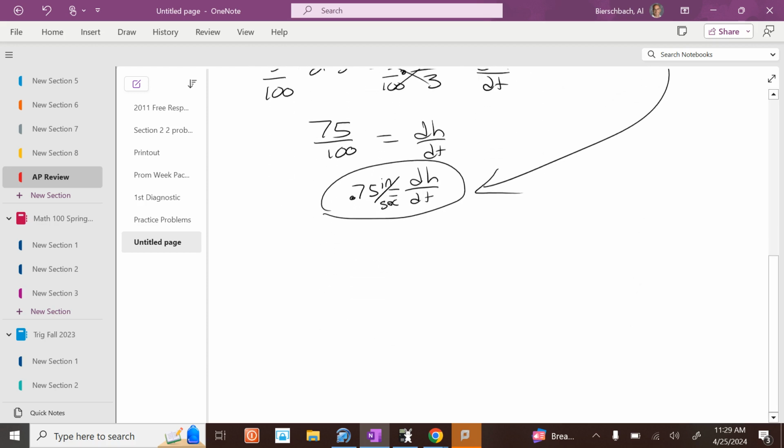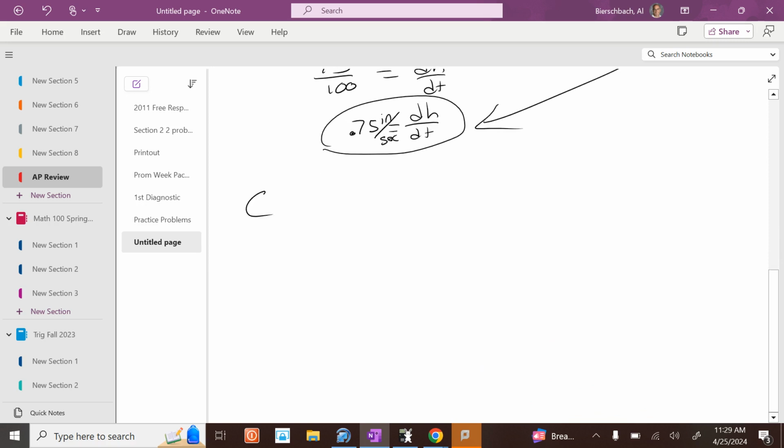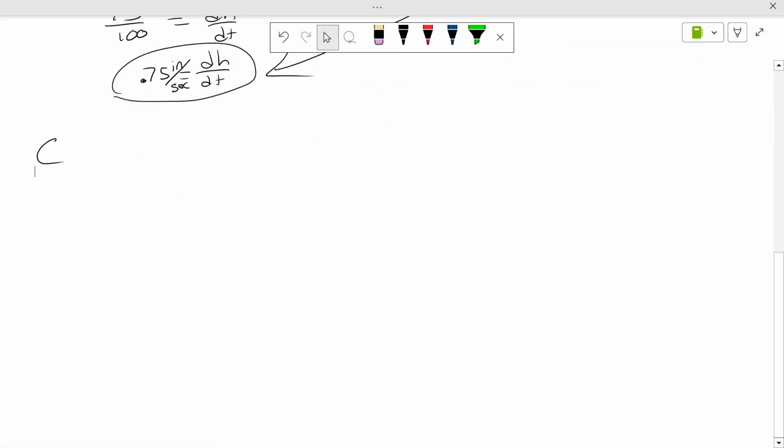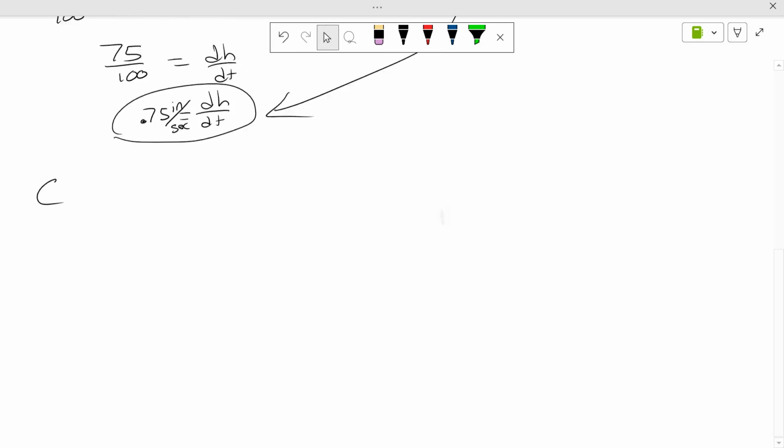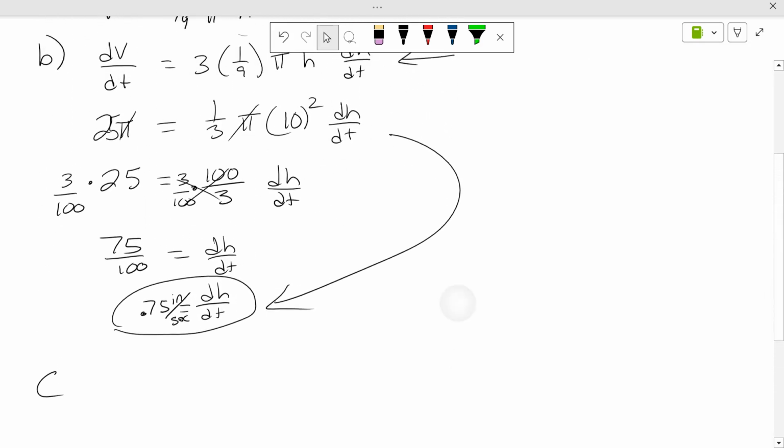Okay, C. I guess I can be full screen here. What is the height of the water when it is increasing at a rate of 12 inches per second? So they want to know height.